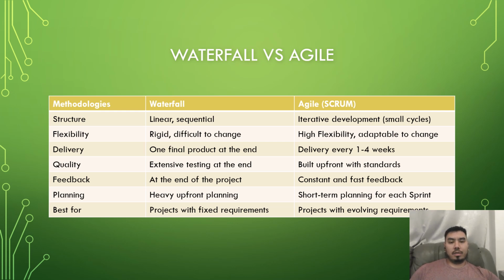But Agile is very flexible, so at any time the requirements can be changed, and it continuously gets feedback from the client or stakeholder at the end of each sprint.